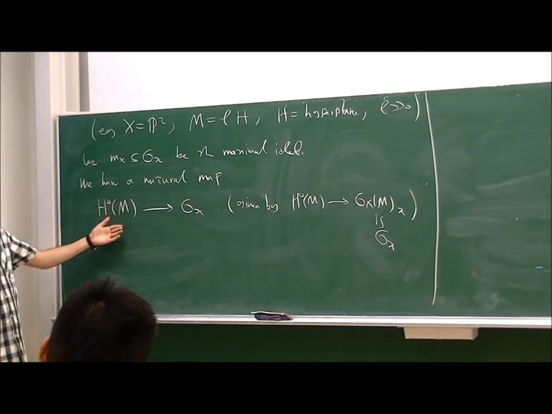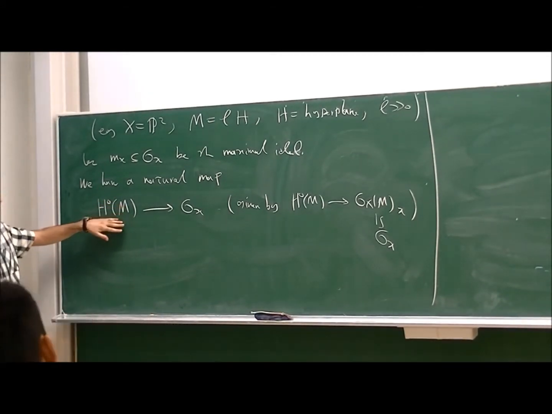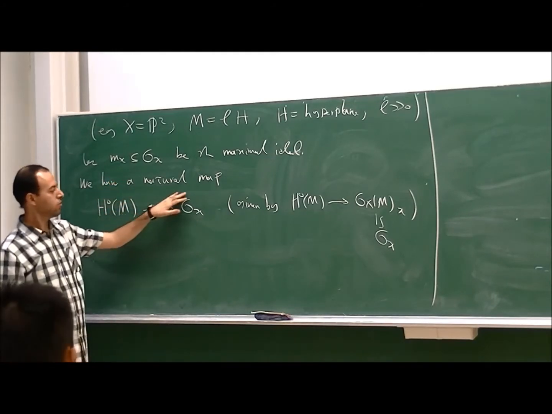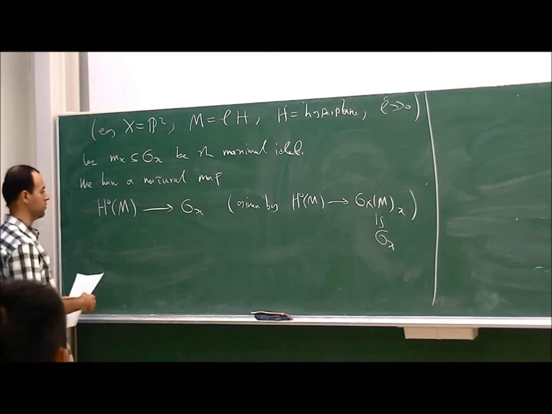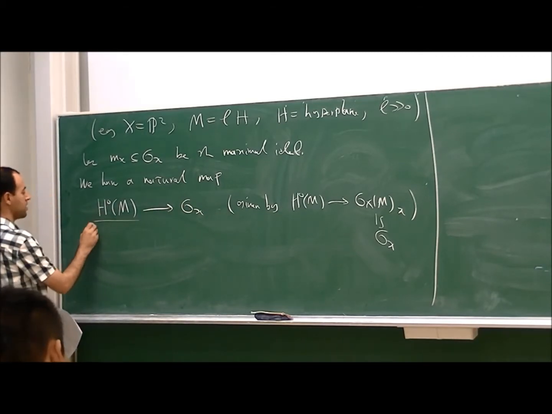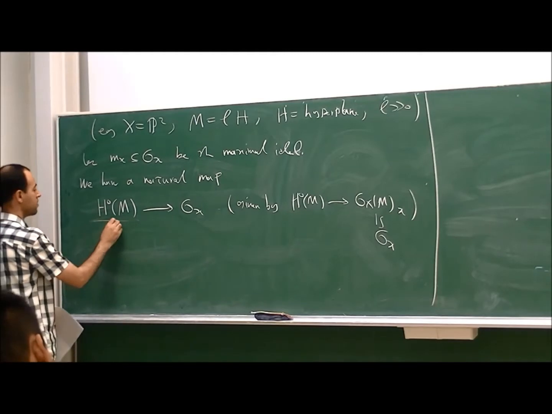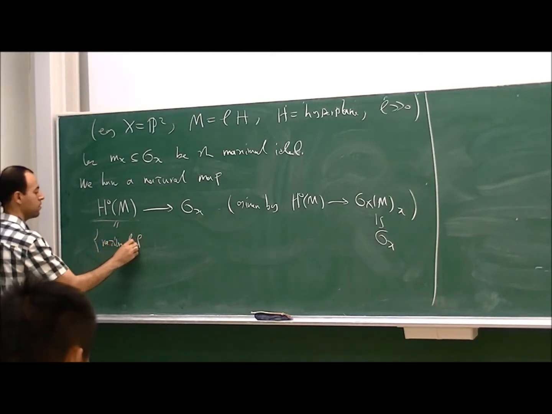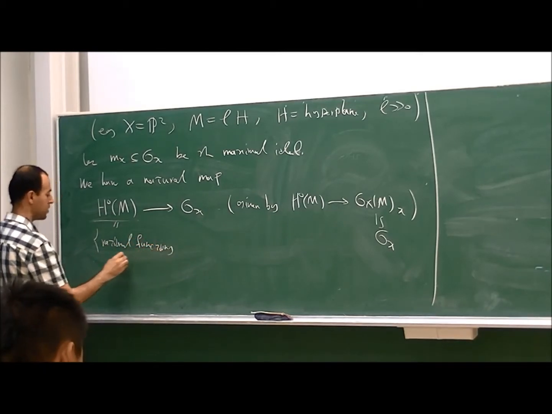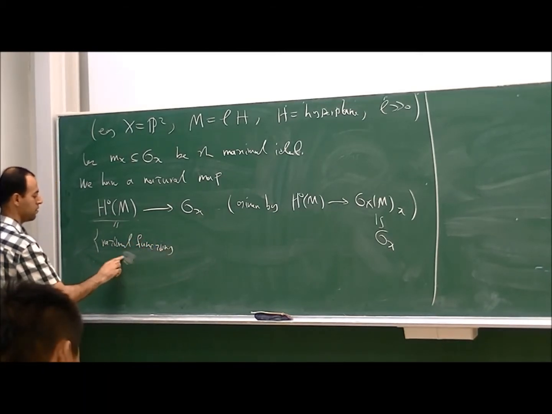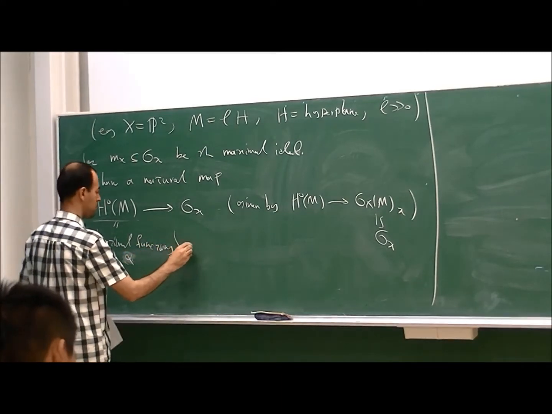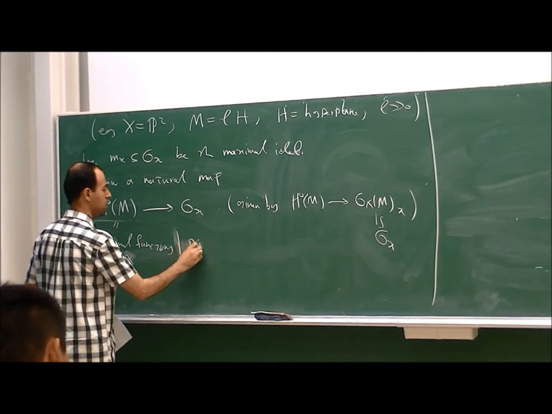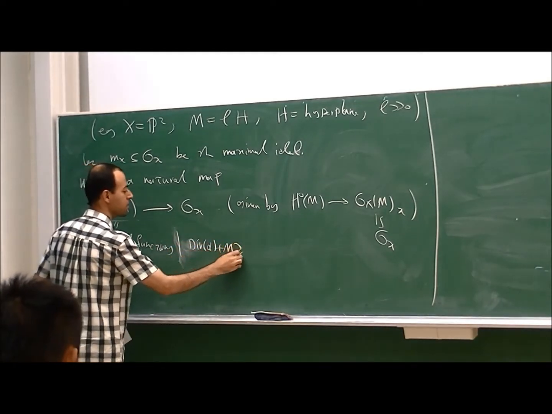So anyway, if you are more familiar with algebraic geometry, every section here is essentially a rational function. The rational function will determine an element of the local ring. In fact, you can write it down as all the rational functions, let's say alpha, such that the divisor of alpha plus M is effective.